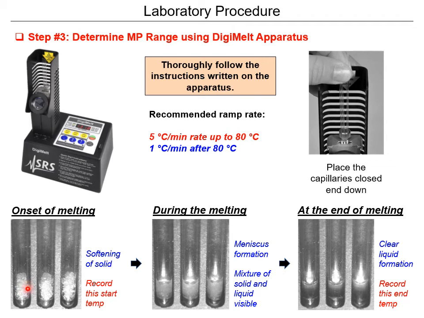You'll see little drops falling off this solid here. And then you'll start noticing that there's more and more liquid, and you see what is known as the meniscus, which is the compound climbing up the sides of the tube due to interactions between the glass and the compound. And then the final temperature you record is when all of the solid is gone, and this will be your melting range.